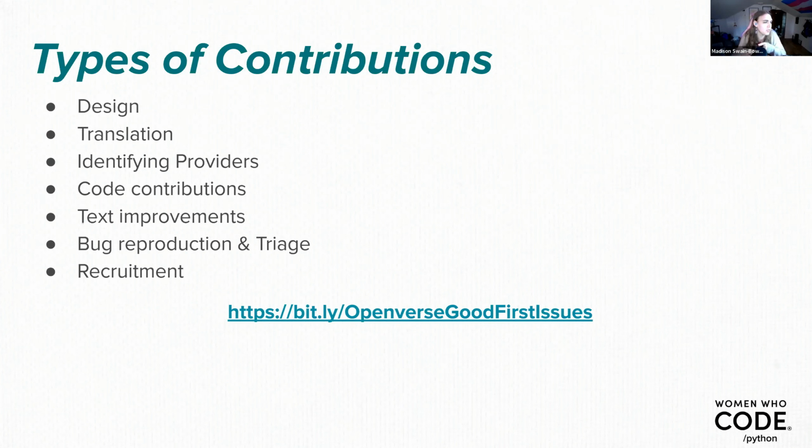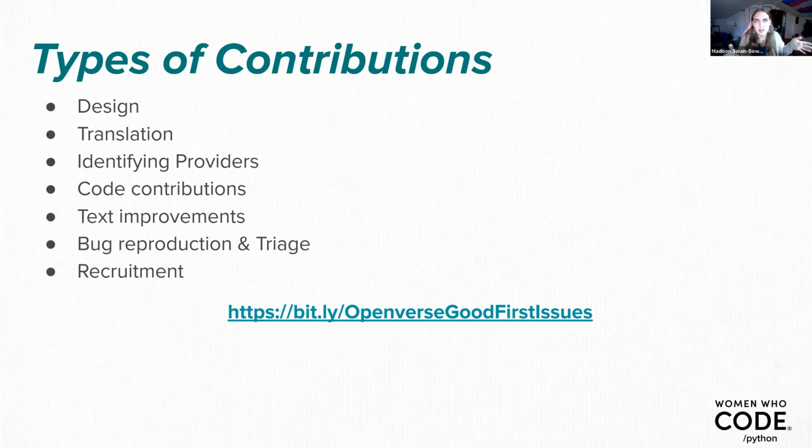Translations, right? We work to translate Openverse into a myriad of languages. And if that's an effort that you can help with, that is a type of open source contribution to make. Identifying providers. I talked about Flickr and the WordPress photo directory, StockSnap. We have a number of different providers, but there are tons and tons more out there that serve Creative Commons licensed media.